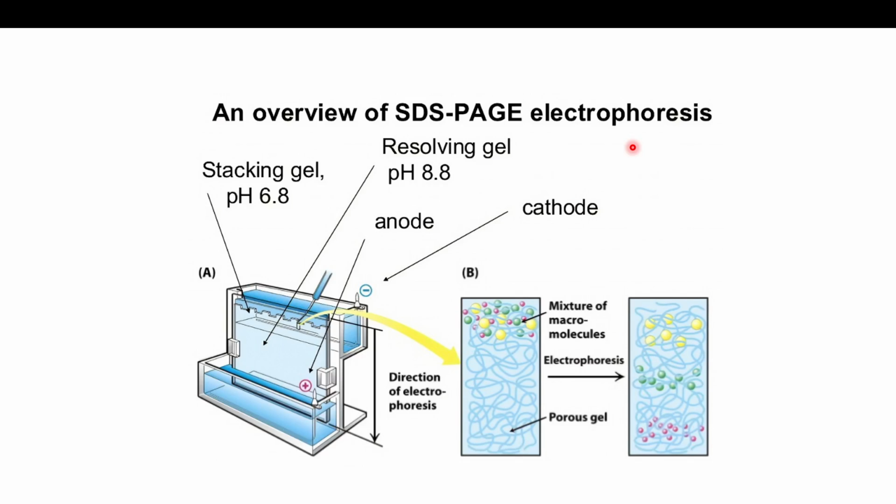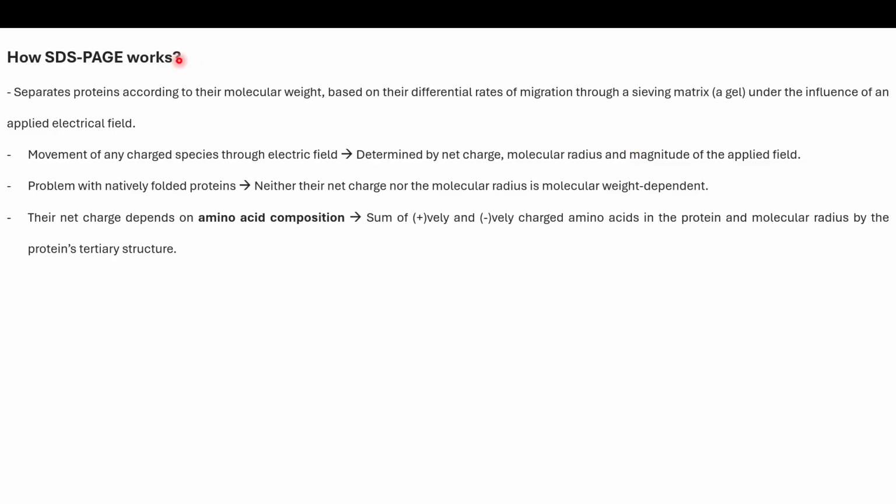Similarly, you can run SDS-PAGE, which is a denaturing polyacrylamide gel electrophoresis, where it separates proteins according to their molecular weight based on their differential rates of migration through a porous matrix under the influence of an applied electric field.